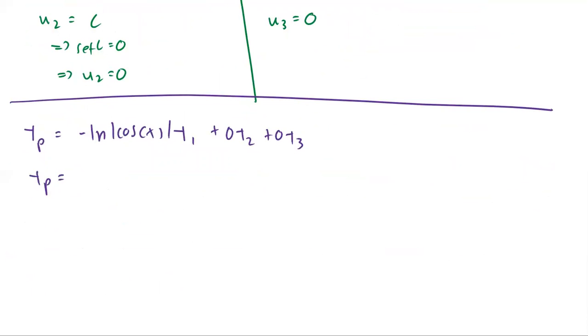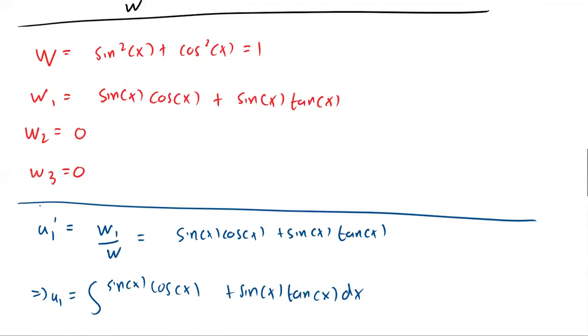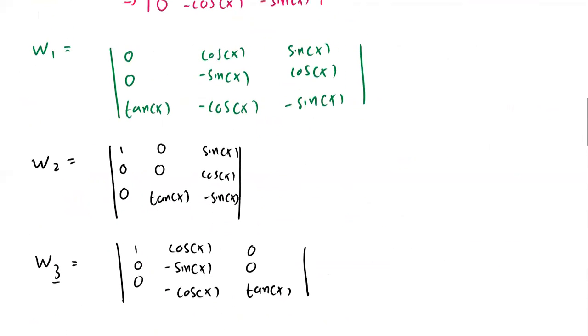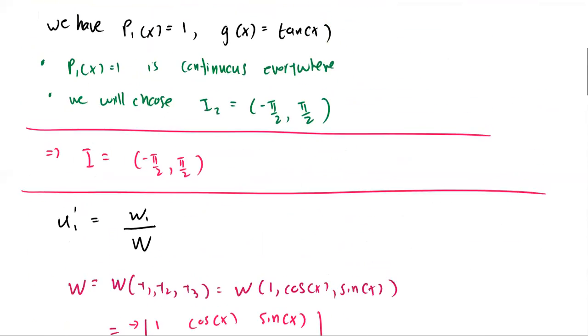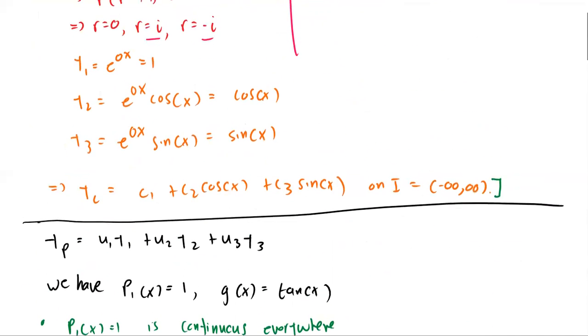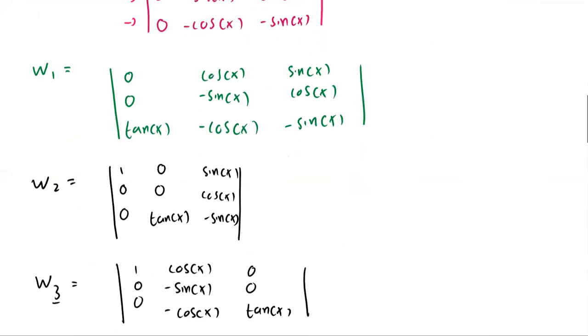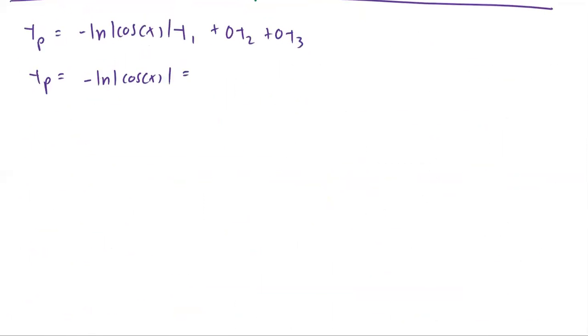So our particular solution is negative natural log of cosine x times y1. Let me look up what y1 was. I think y1 was just 1, right? Yep, so y1 is 1. So this is just equal to negative natural log of the absolute value of cosine x.